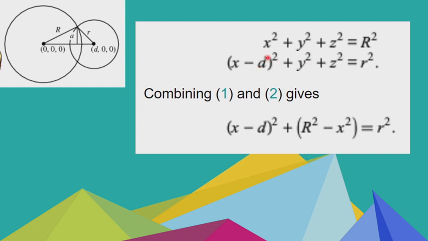So like this we can find the two equations of the spheres, and now combining or equating these two, we get the equation (x minus d) whole square plus r square minus x square equals r square.